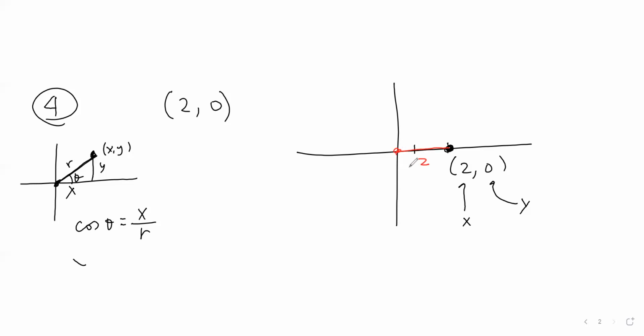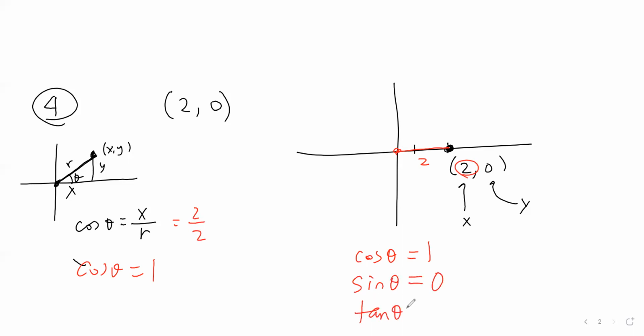So basically our r is 2 here, and x is 2. So 2 divided by 2, cosine theta equals 1. And same for sine theta, since the y value is 0, sine theta is 0. And tangent is sine over cosine, so tangent is 0 over 1, which is 0.